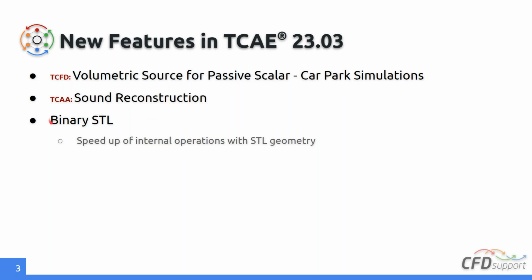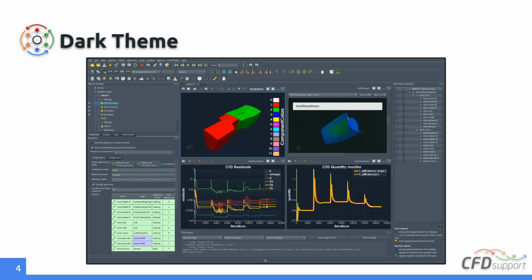Mainly, one feature which is not fully visible: internally all the STLs are treated as binary, which speeds up a lot the manipulation with STL geometry. So now, for example, the pre-processing of the geometry, mainly for large geometry, is much faster than in the previous releases. So let's start one by one.